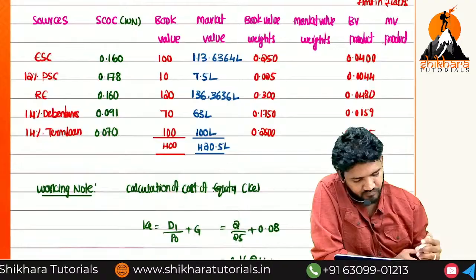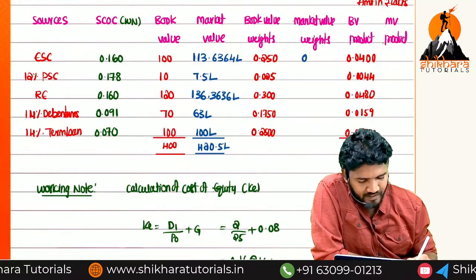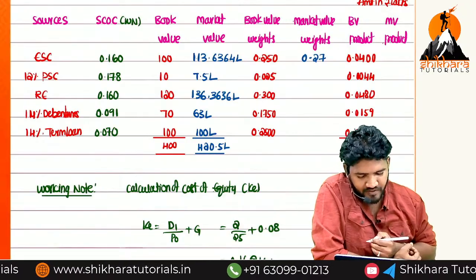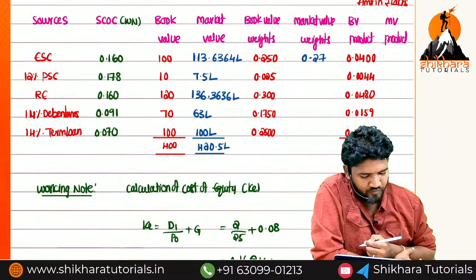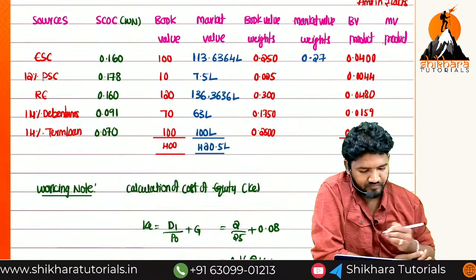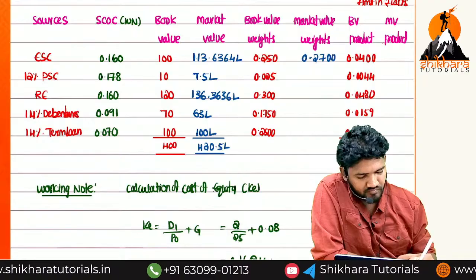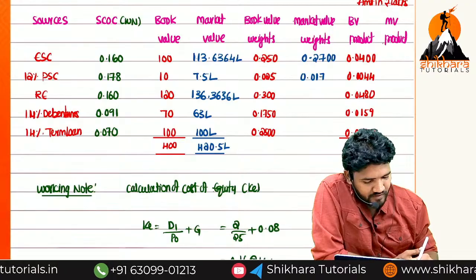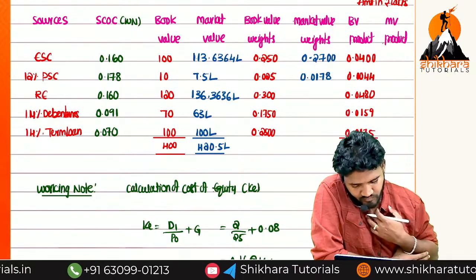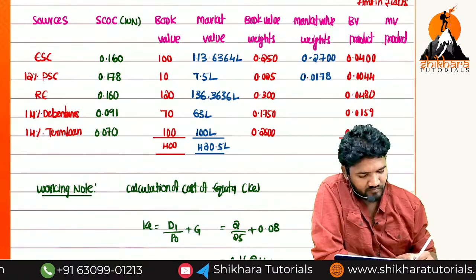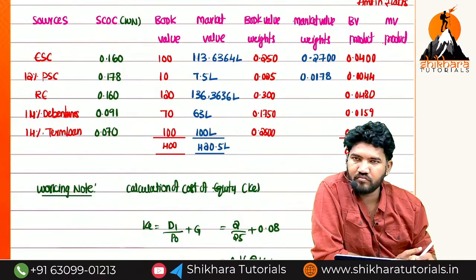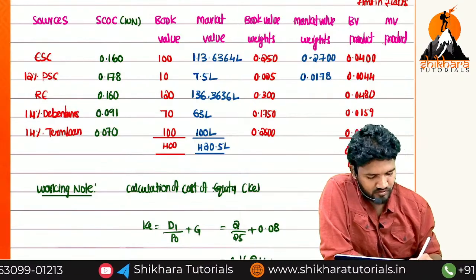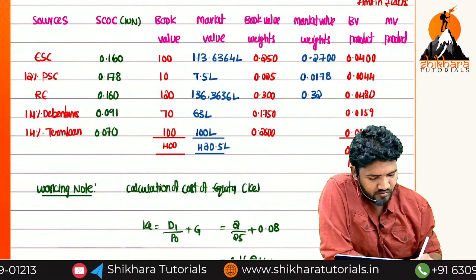Equity share capital: 0.27. Preference share capital: 7.5 divided by 420.5, 0.0178. Retained earnings: 0.324.